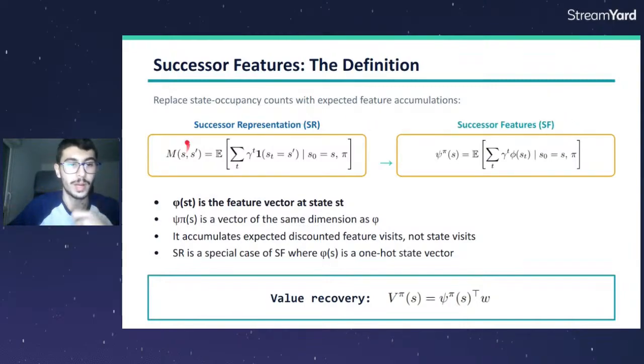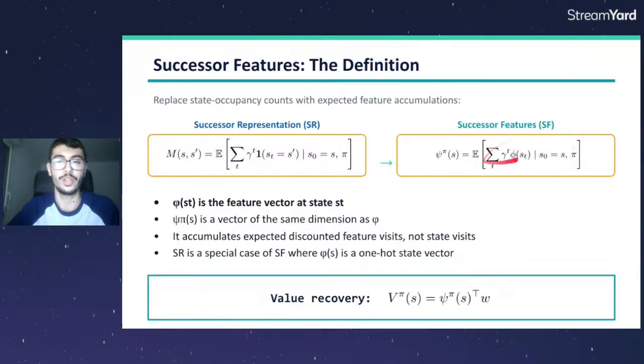With successor representations we need to pass S and S prime, and we calculate this with respect to S prime, but with successor features, it's different. We only give S, and we say that if we follow a certain policy P, what is the discounted sum of the state features that I'm going to encounter later on?